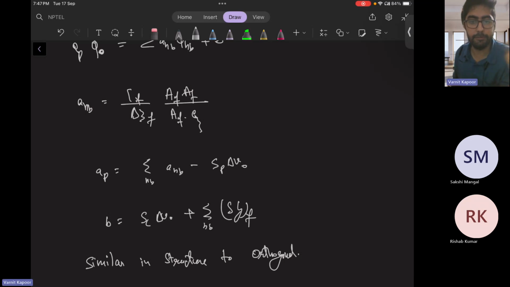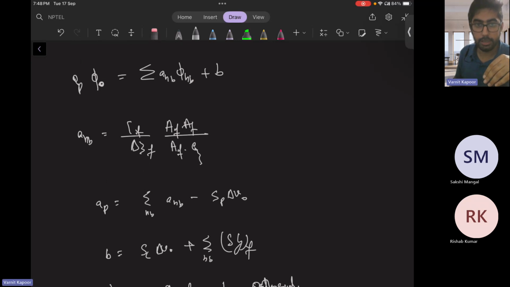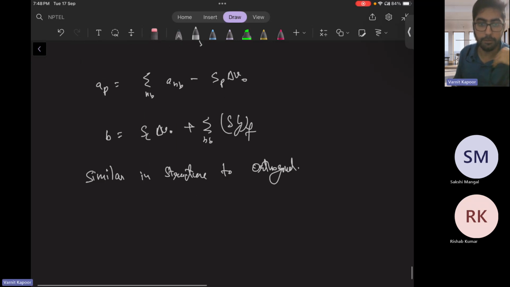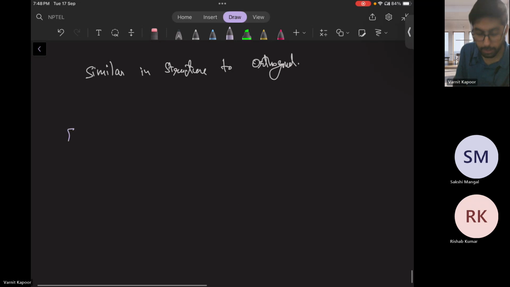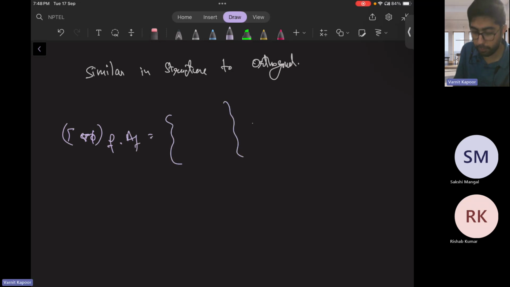So which was gamma F by phi of zeta into AF dot, sorry, del of zeta into AF dot upon AF dot E zeta into phi 1 minus phi naught by linear interpolation. This means that the coefficient here is the entire term in the parenthesis of this equation. If I write the equation, gamma grad of phi of F dot AF is some equation here into phi 1 minus phi naught upon del zeta.